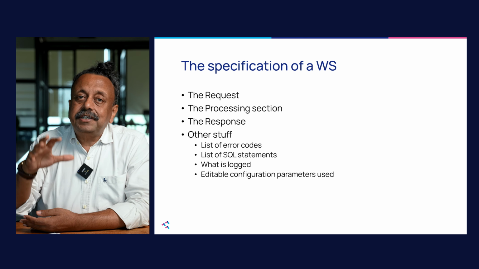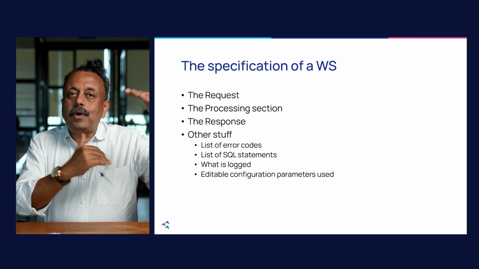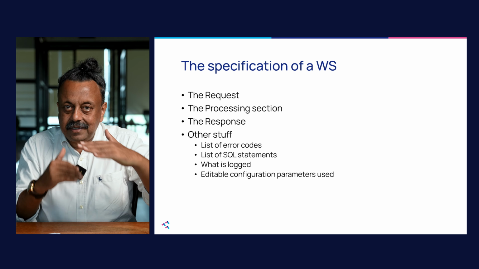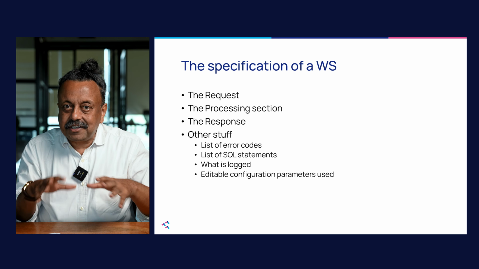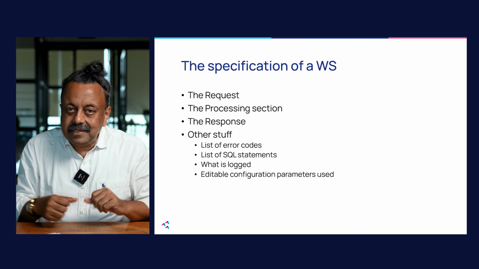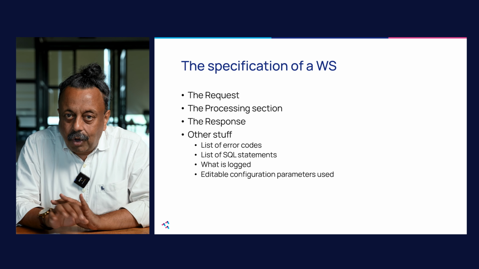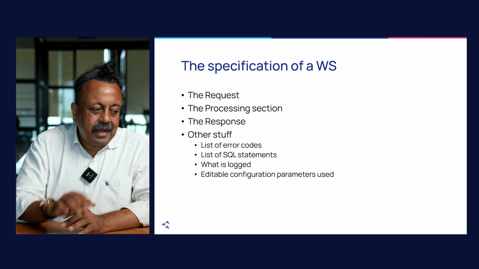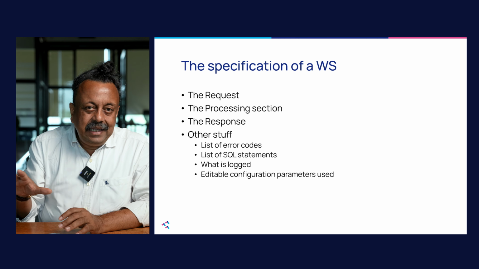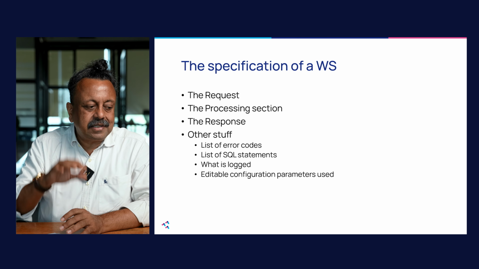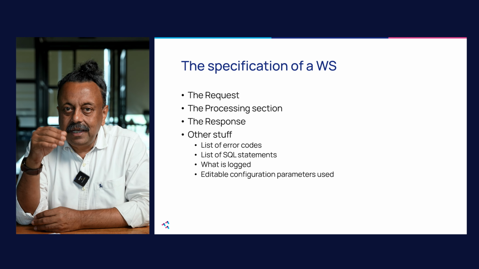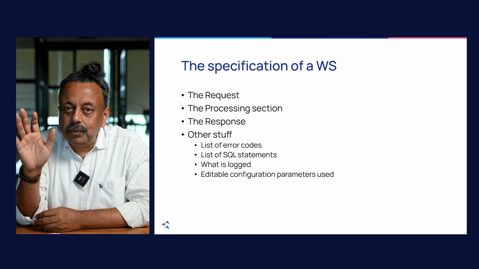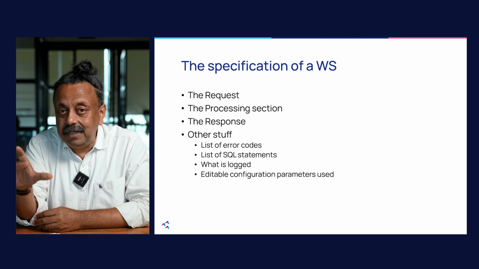So the specification of a web service includes one block called the request, the next block called the processing section, where we describe what processing is done in the web service, and the third block called the response. So these three blocks are mandatory. And in the processing section at various places, we also specify what will be the error codes which this web service can possibly return.